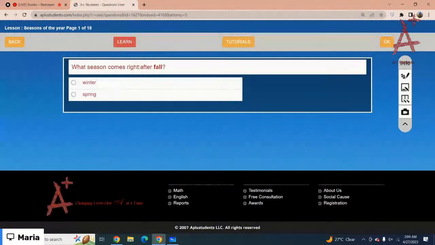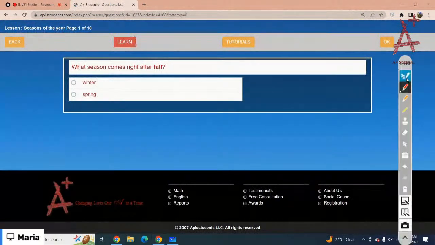Okay, which season comes right after fall? So you need to see which season comes right after fall. So it would be like this: winter, spring, summer, and fall.